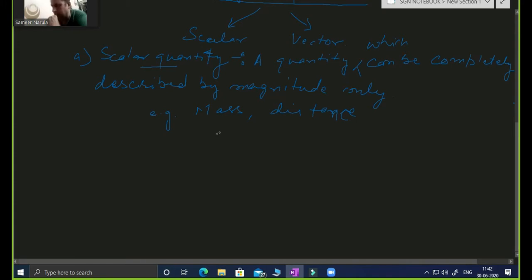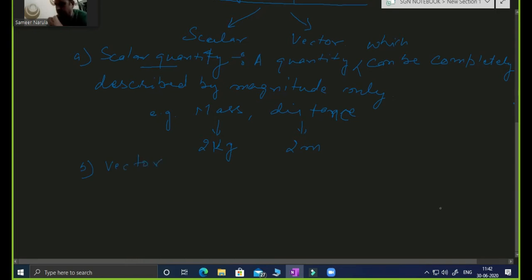For example, the mass of an object is 2 kg, or the distance is 2 meters. There is no need of direction to describe it. So once again, a scalar quantity is a quantity which can be completely described by magnitude only. A few examples are mass, distance, speed, energy.